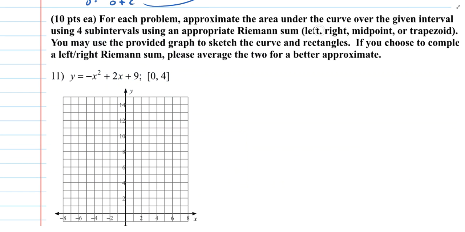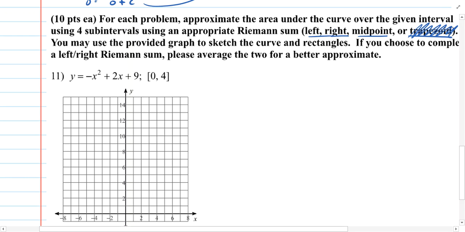For these problems on the test, you can choose whether to complete left, right, midpoint, or trapezoid sums. We haven't practiced much with trapezoids, so I wouldn't be surprised if most of you skip that. Midpoint, of course, some of you can recognize that process and will use it.